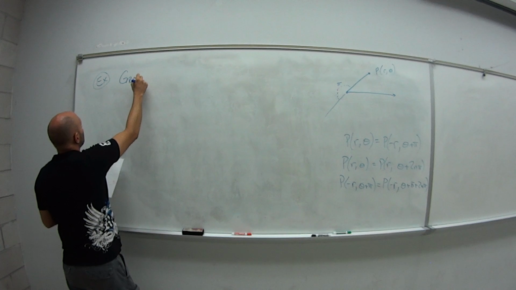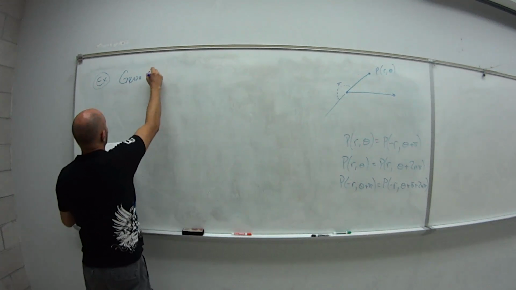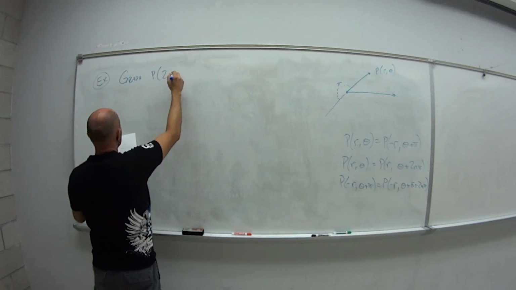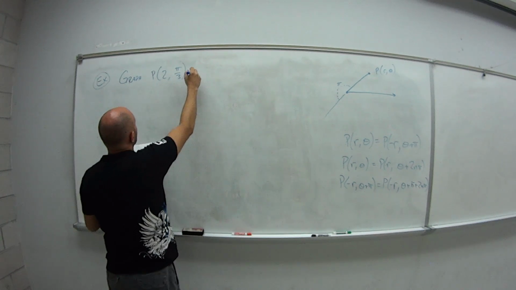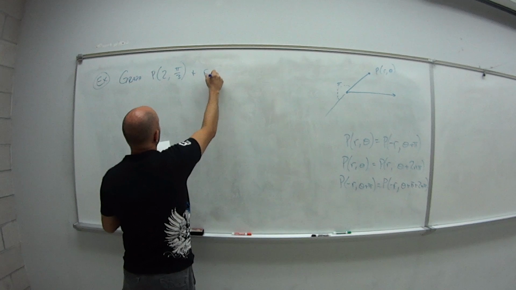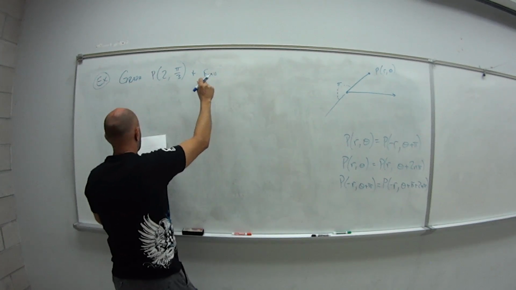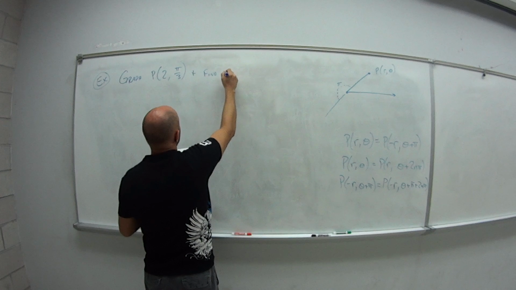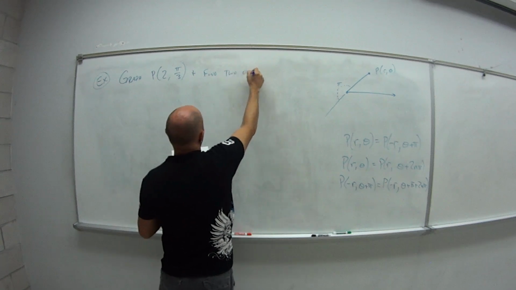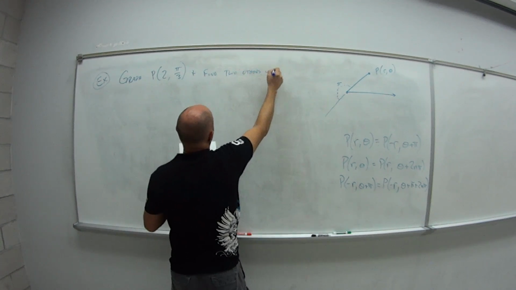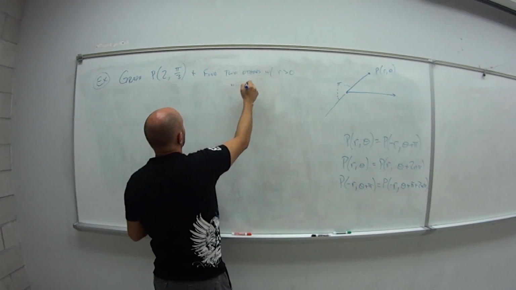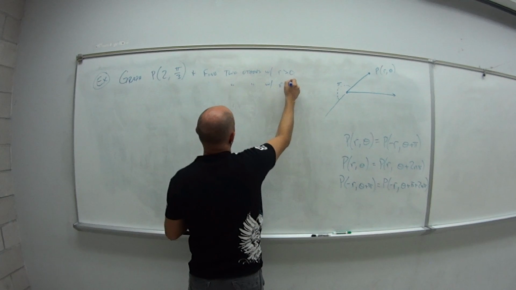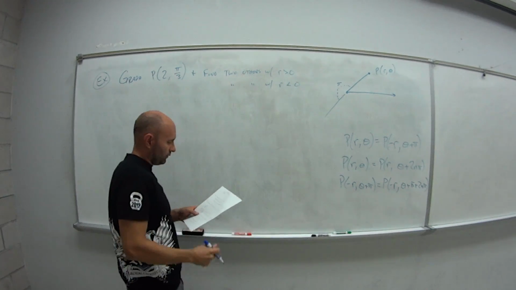So the problem is as follows. We want to graph the point P 2, pi over 3, and find two others with r greater than 0 and two others with r less than 0.